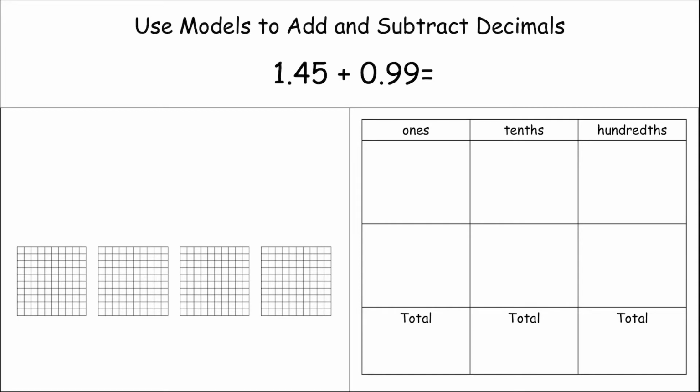All right, I'm not going to color it in for this one. I'm just going to use the place value models. So we have 1, 1. We have 4 tenths. 1, 2, 3, 4. And we have 5 hundredths. 1, 2, 3, 4, and 5.